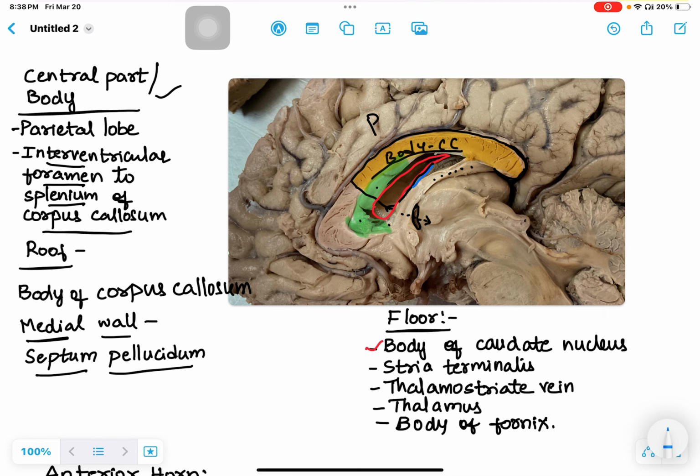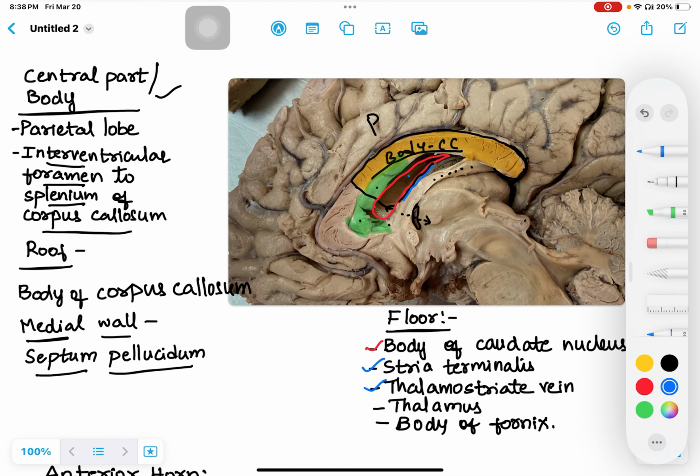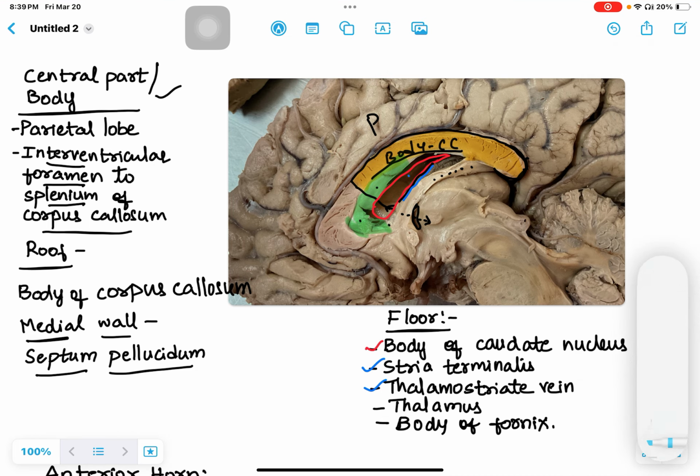These white fibers are called the stria terminalis and the thalamostriate vein. So from lateral to medial, it is the body of the caudate nucleus first, then the stria terminalis, then the thalamostriate vein, and you can see all this is the thalamus part.